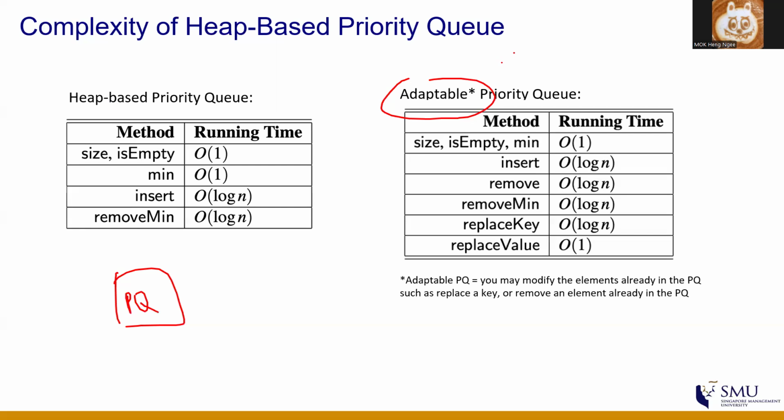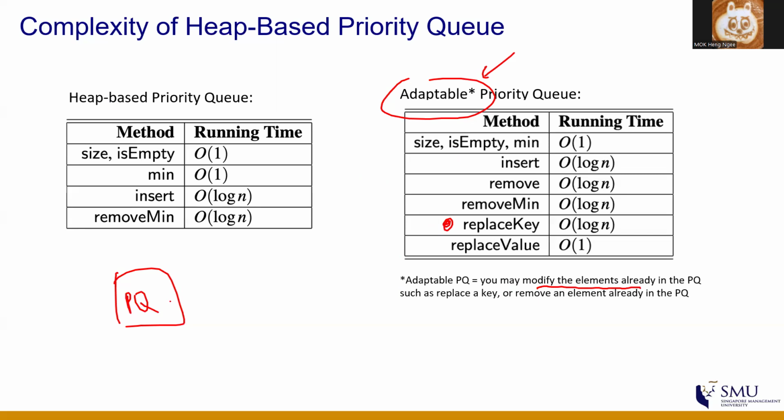However, in some situations, you may want to modify the elements already in a priority queue. For example, I want to replace the key of an element already in the priority queue. It's not a usual operation. Like what I've said, a client using a priority queue usually does not reach into the priority queue and modify the elements already in the queue. But well, sometimes you want to do that.